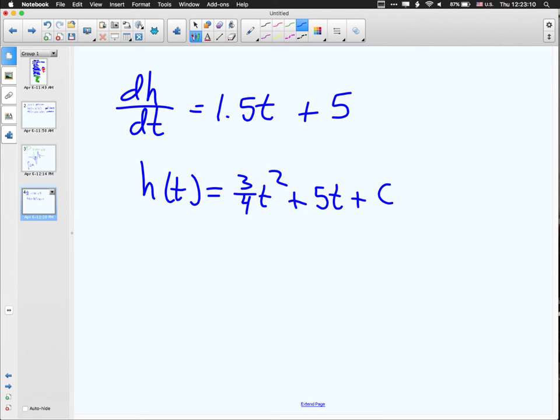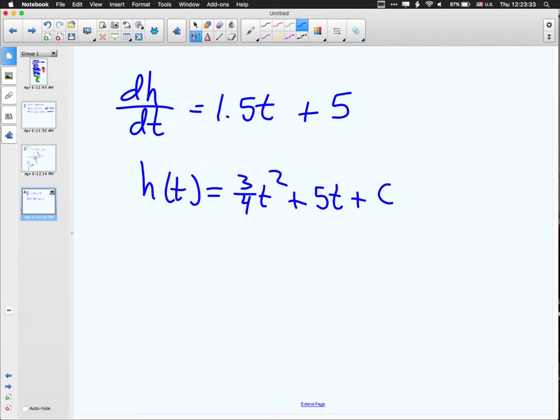When it's a starting condition like that, they didn't tell us how tall it was after 2 years, they told us what it was when it started. It's usually pretty easy. Not always. For instance, if there were a cosine in there, cosine of 0 is not 0.